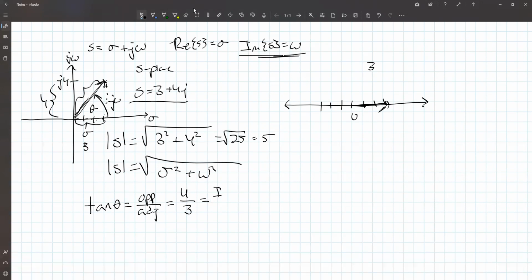And 4 is the imaginary part of S, and 3 is the real part of S. So the angle is given by the inverse tangent of the imaginary part divided by the real part, 4 over 3. And in this example, it's a 3, 4, 5 triangle, so that should be about 53 degrees.